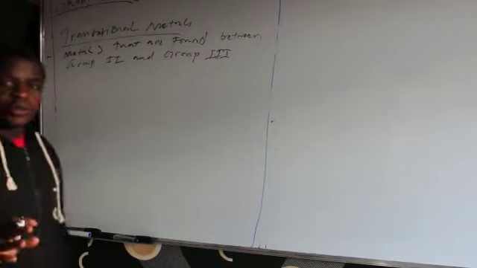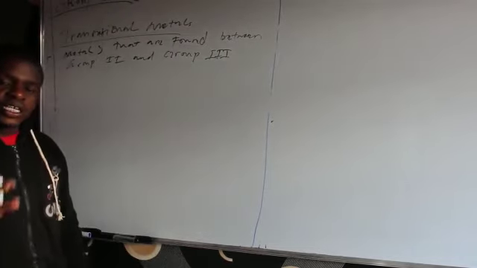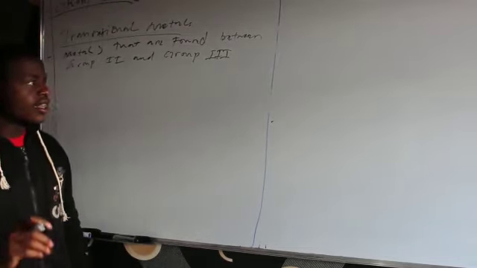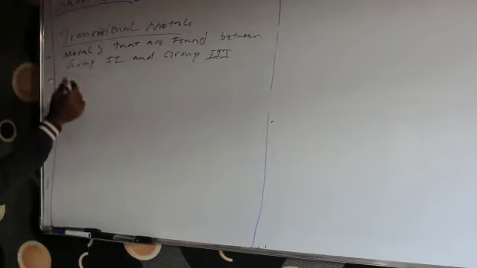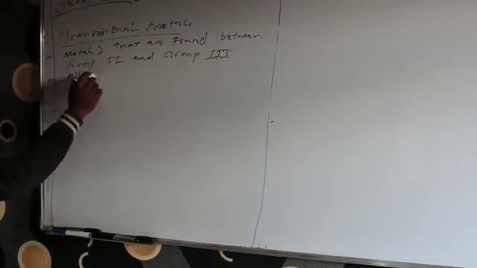So if you check on the periodic table, those metals that are between group 2 and group 3, those are transitional metals. They are all metals.